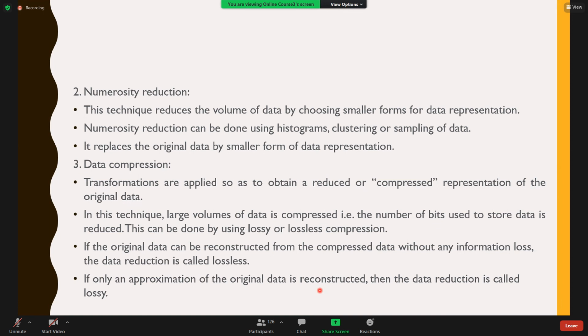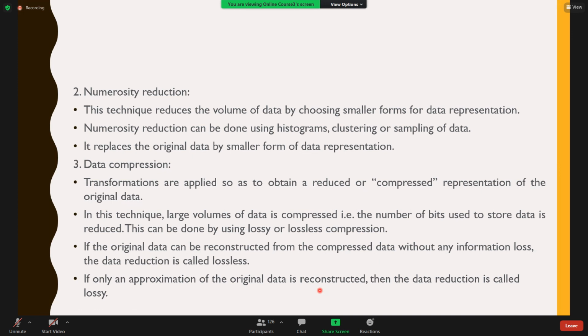Possible values of age may be more than 100, and all these values can be grouped into any of these three values. So you're forming another representation, replacing the original data with a smaller form of data representation. That is numerosity reduction.